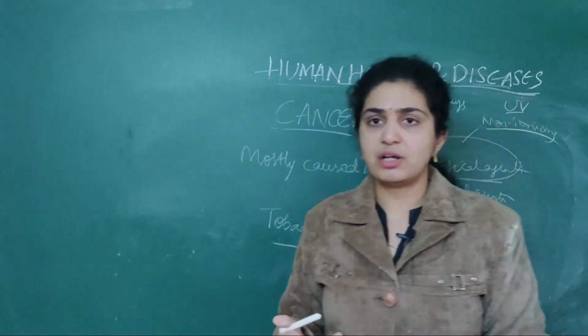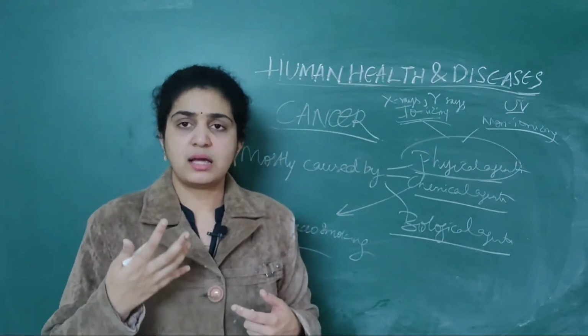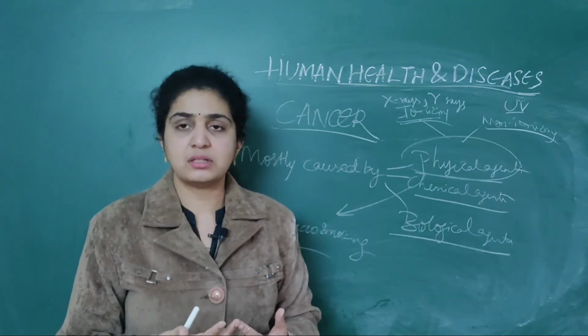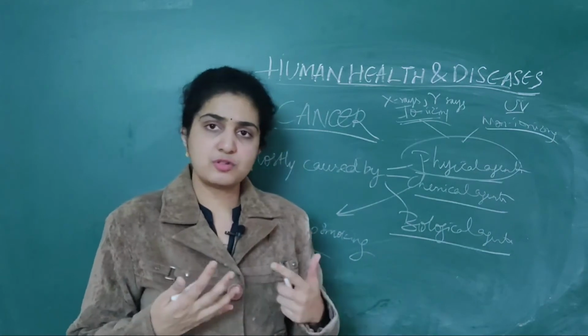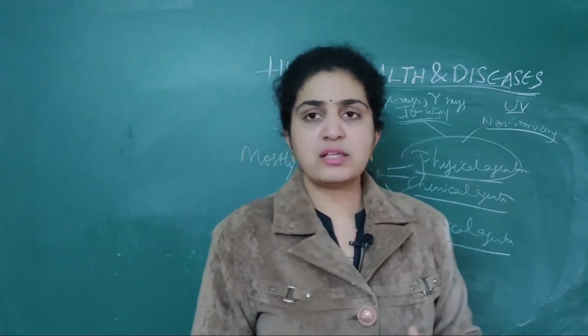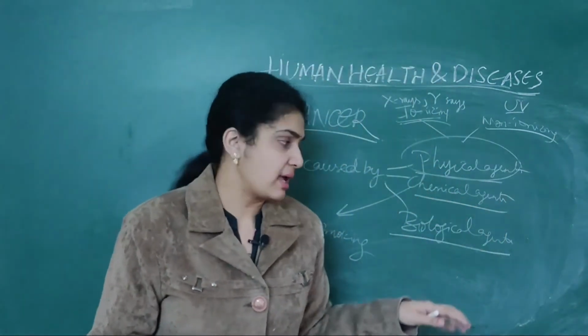Which type of cancer will it cause? It will cause lung cancer. There are many types of cancers like lung cancer, prostate cancer, duodenal cancer, all different types of cancers are present. Everywhere, if a tumor is formed, then you can call it a cancer. So these are the chemical agents which cause cancer.